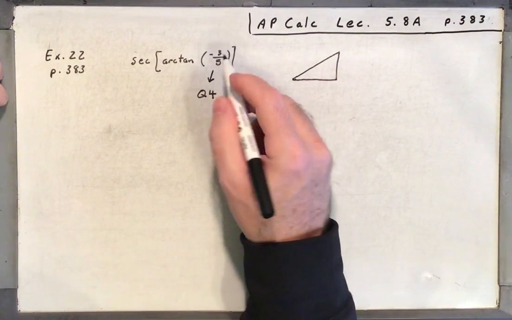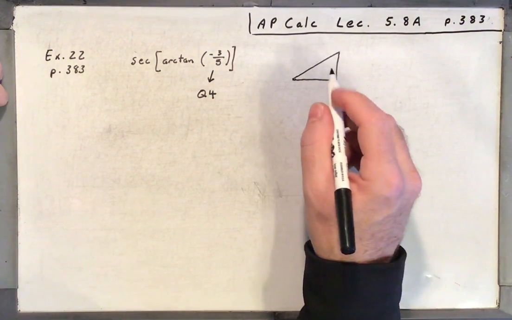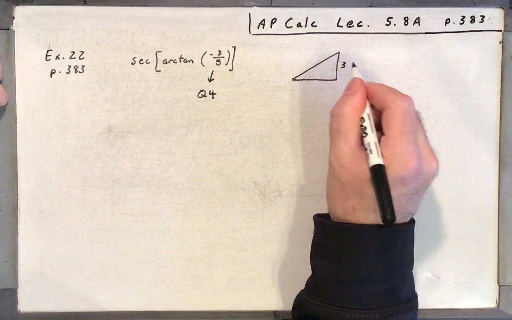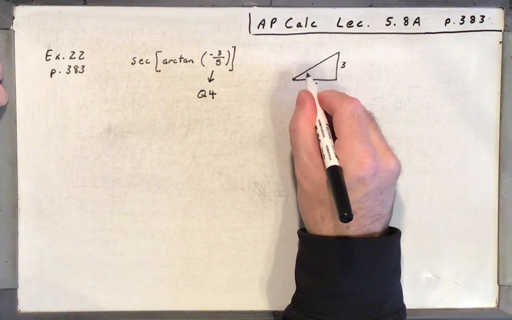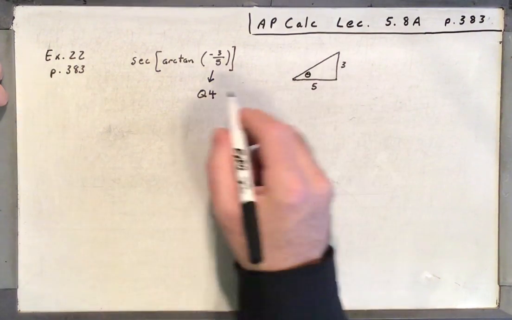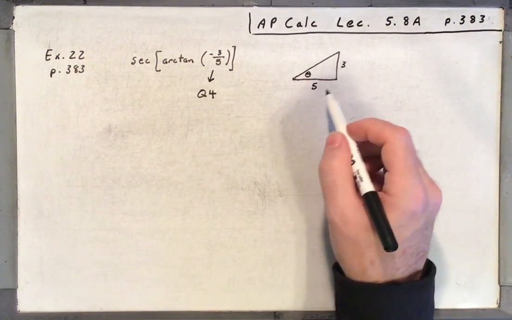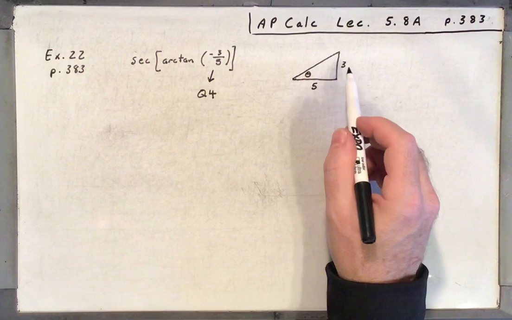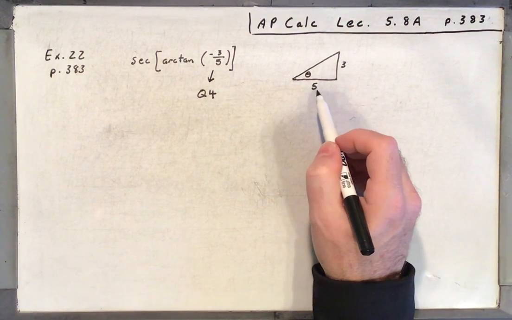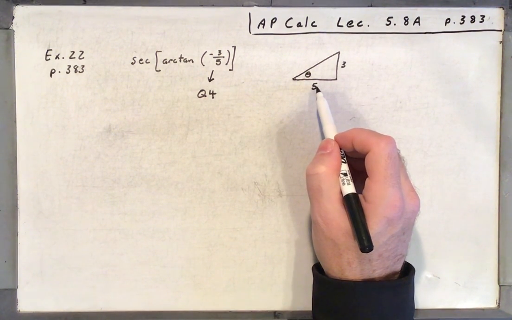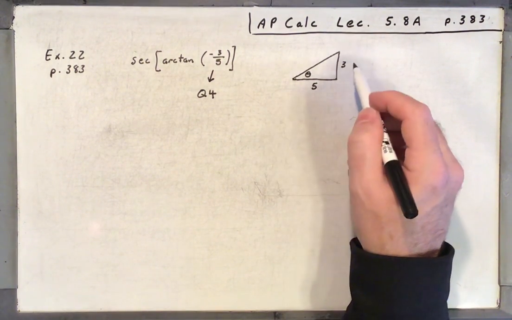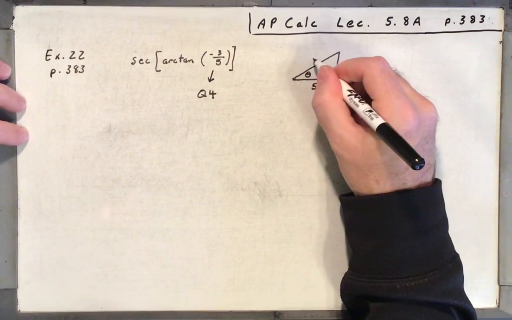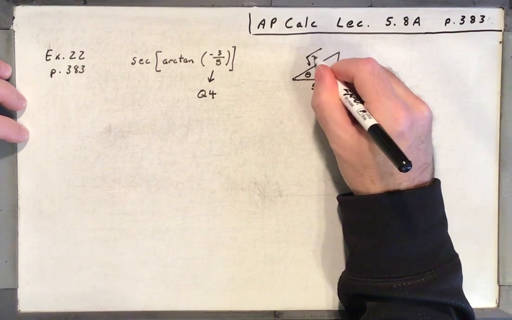All right, tangent is opposite over adjacent. Okay, so 3 over 5. We're not going to worry about the negative. We'll fix that at the end. Now, what's the hypotenuse? Let's use the Pythagorean theorem. It's going to be the square root of 5 squared plus 3 squared. Okay, so 25 plus 9. That's going to be the square root of 34.